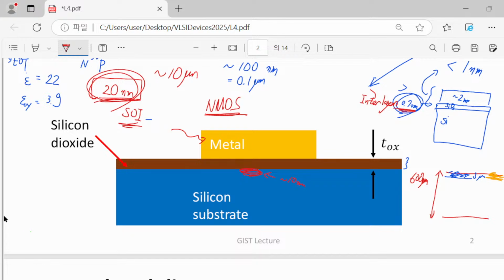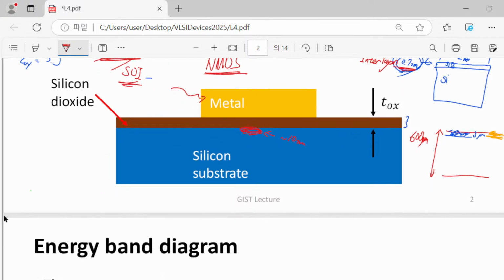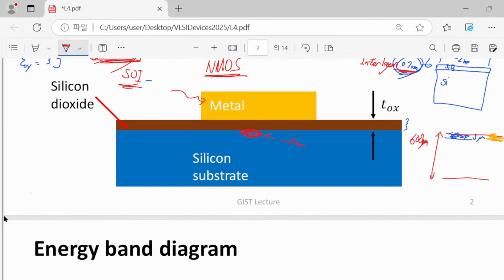But before discussing the state-of-the-art, we have to follow our history, because the planar MOSFET is the very basic we have to consider. Without understanding the planar MOSFET, understanding the state-of-the-art device is almost impossible. So please wait for a while. Okay, that was a really good question. Any other question from students?